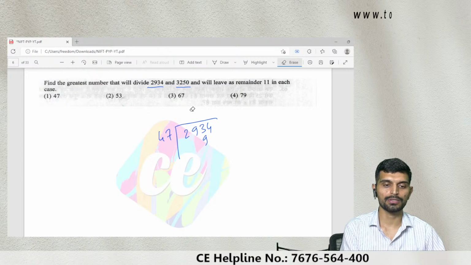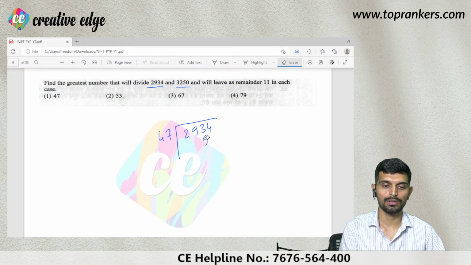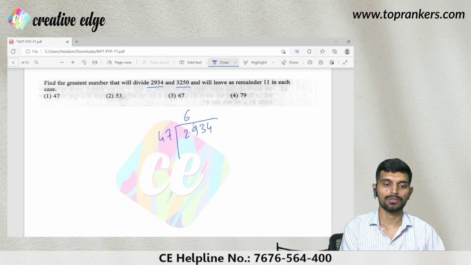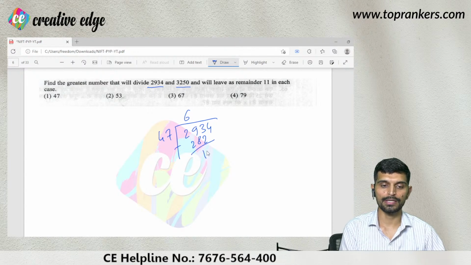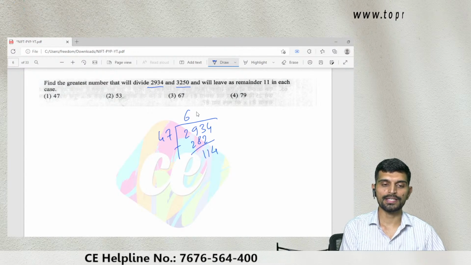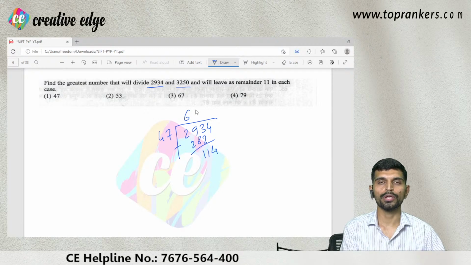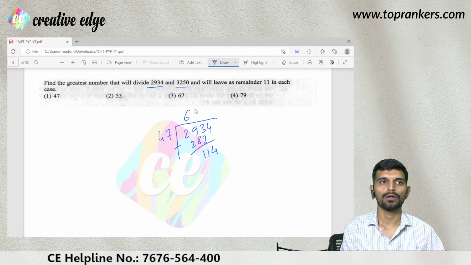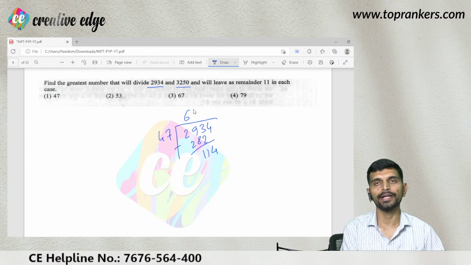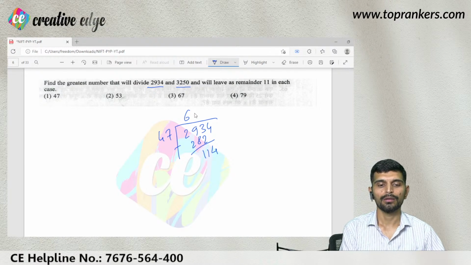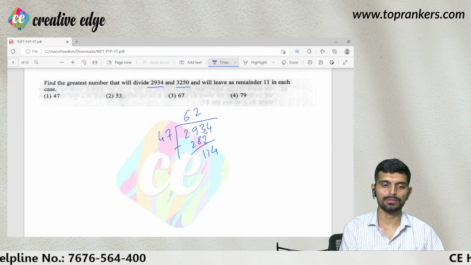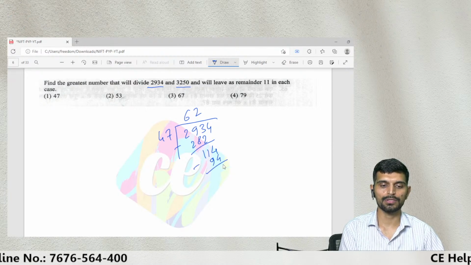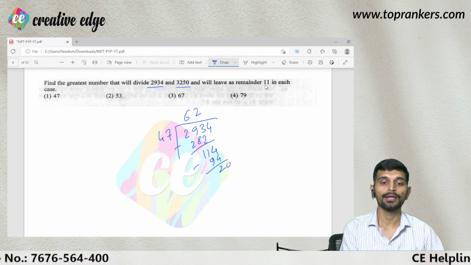So let's go by 6 times. 6 sevens are 42, carry over is 4, 6 fours are 24 plus 4, 28. Difference here is 114. 47, 2 times is 94. Difference is 20. Remainder is not 11.